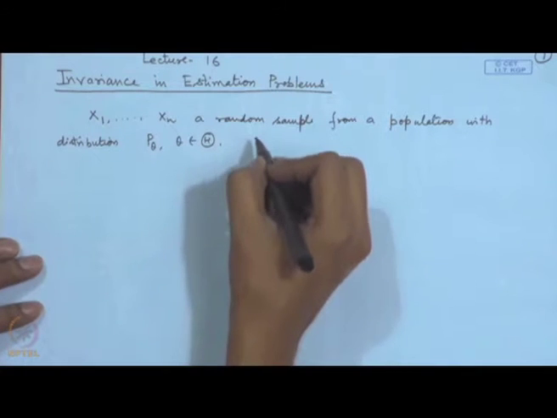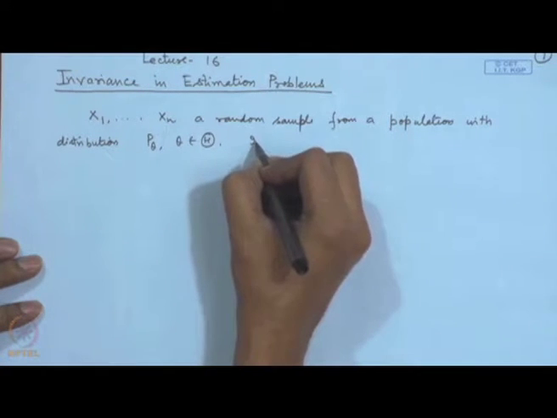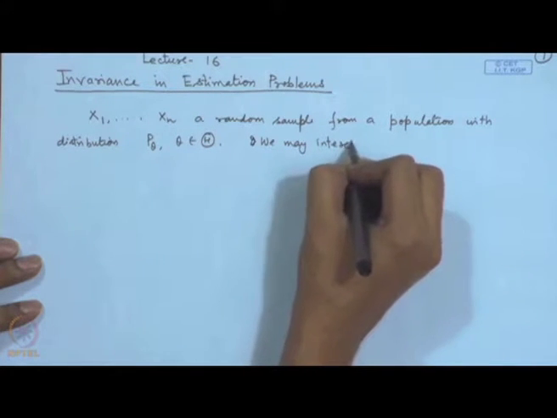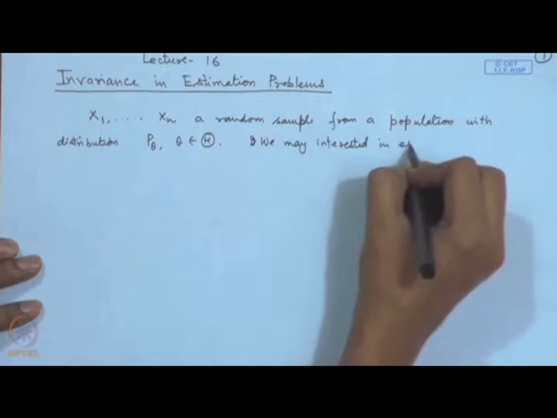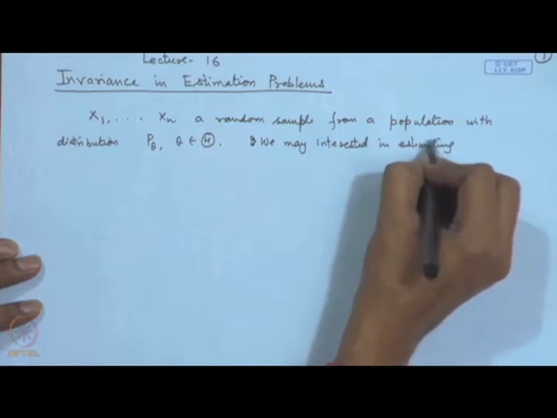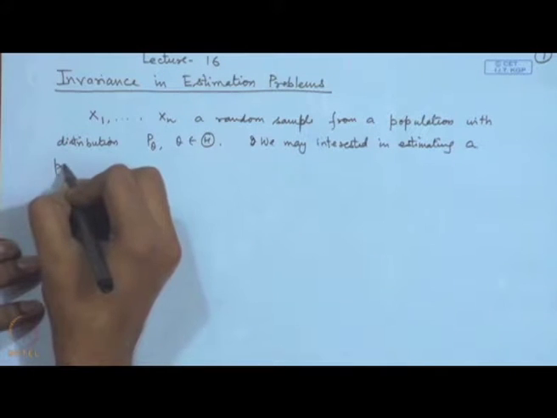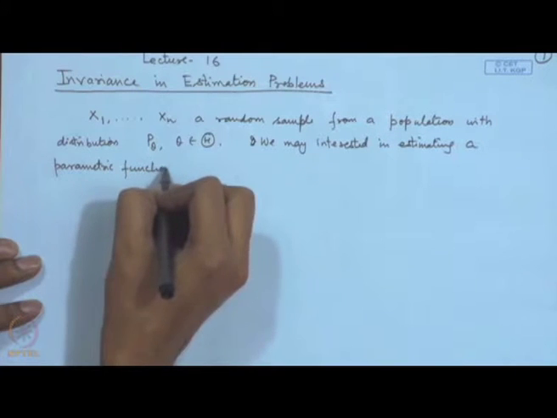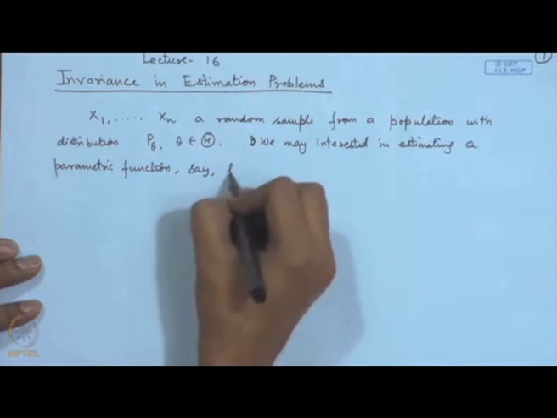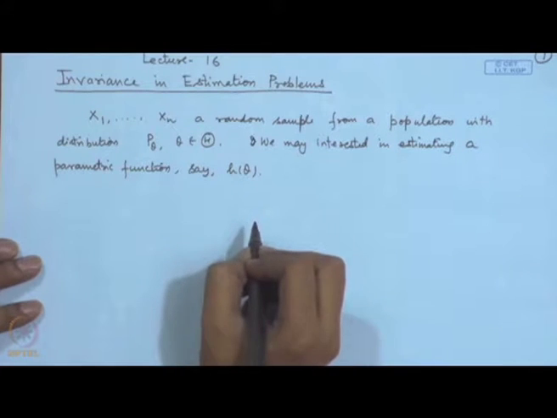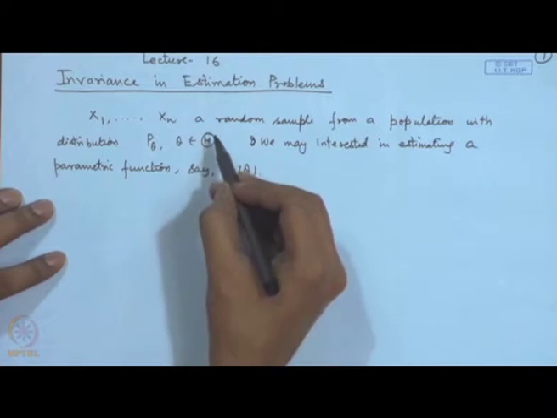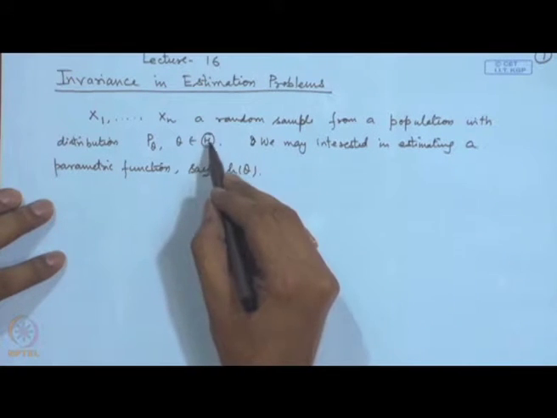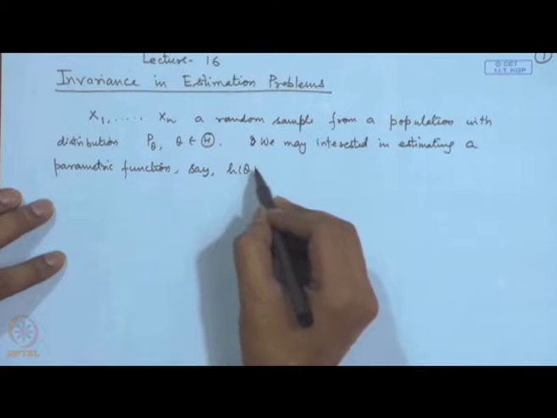In general, we may be interested in estimating a parametric function, say h theta. Usually, we consider the space of values of theta, and according to that h theta will also vary.